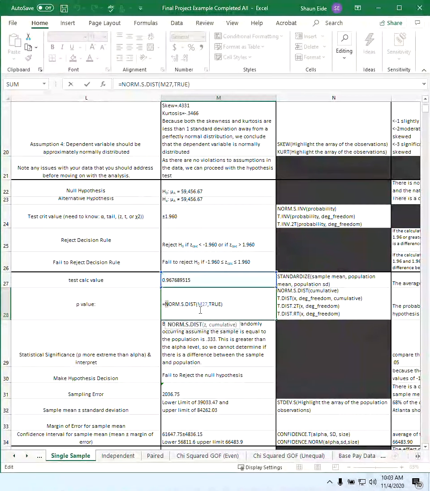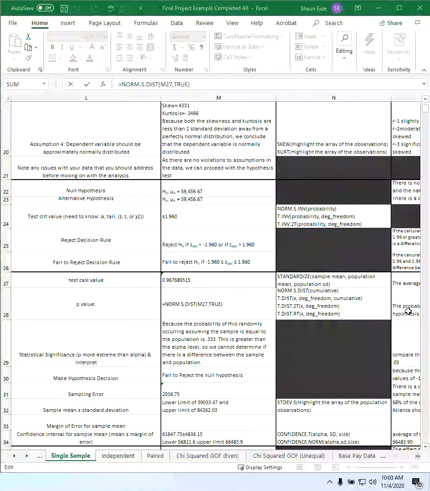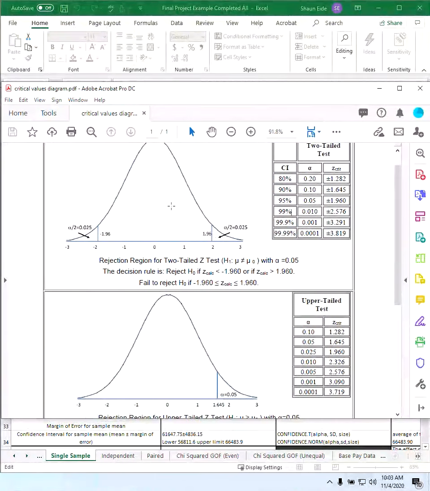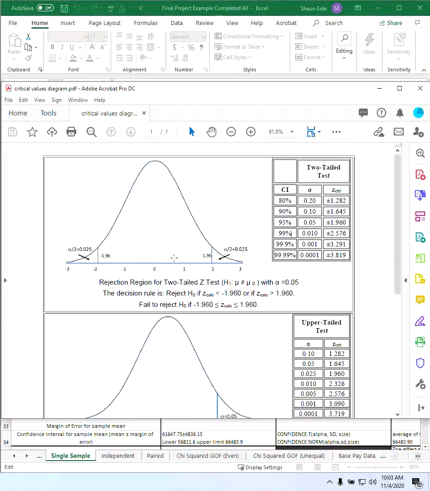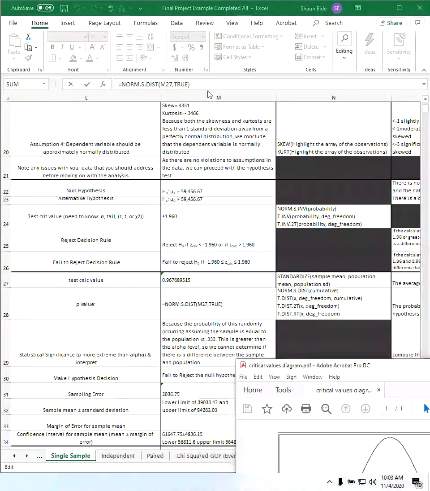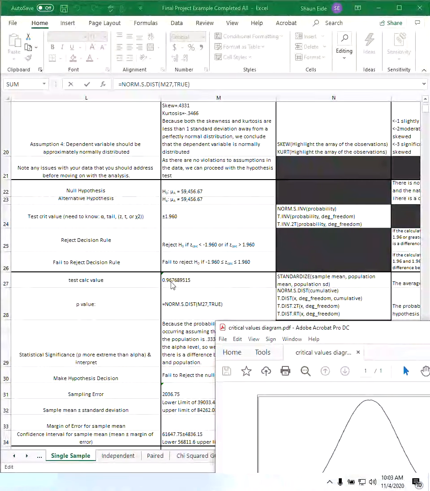You've got NORM.S.DIST. What you really need to do for a two-tailed test for this formula is to find the probability of getting between plus or minus 0.967689.